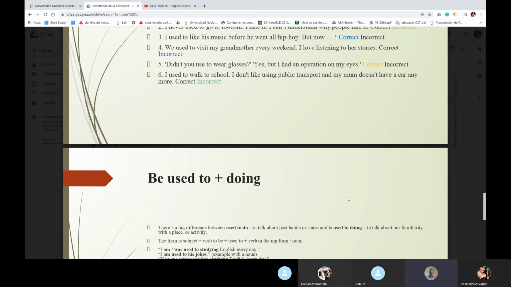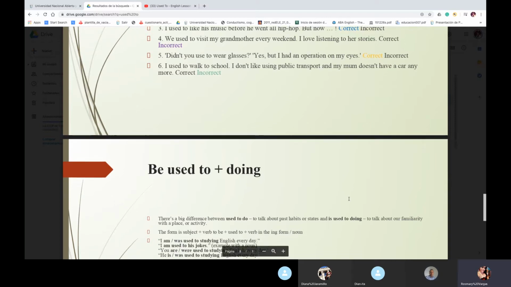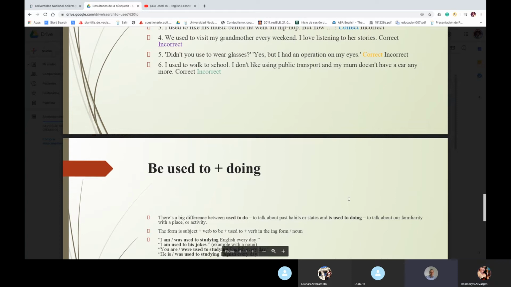I think it's correct. Why? Good question. I used to like, it's just a tricky thing, the verbs in present simple. Yes, correct.